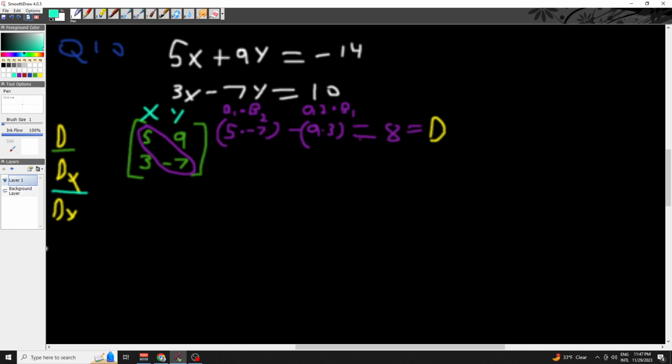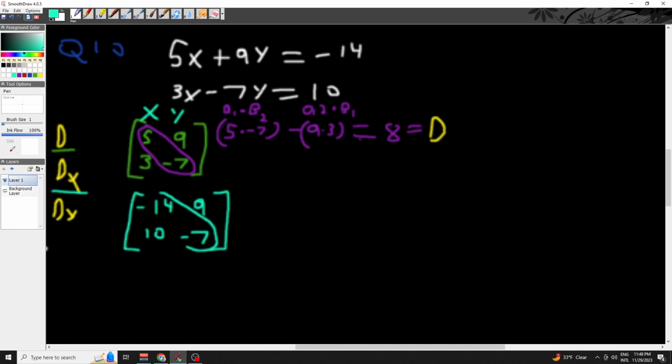So how do I complete my 2 by 2 matrix? Well, you borrow these values and just slot them in for the x. It's going to be -14, 10, 9, -7. No x values present. Everything but the x values. And then you do the exact same thing.